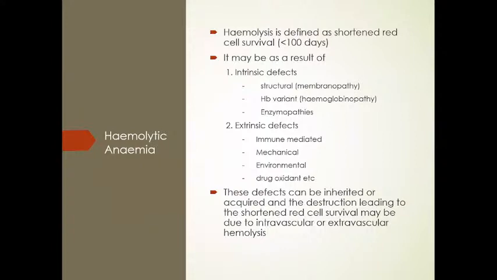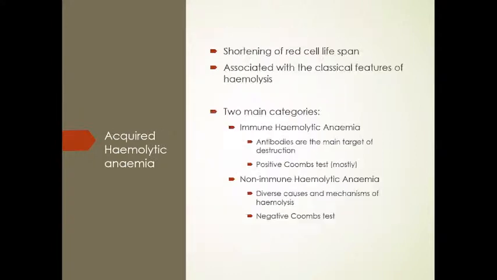And this breakdown or this hemolysis can be intravascular or extravascular. So for the acquired, it's associated with the classical features of hemolysis. And there are two main categories that we're going to review. So they're the immune mediated, and in this case, the antibodies are really the main player.